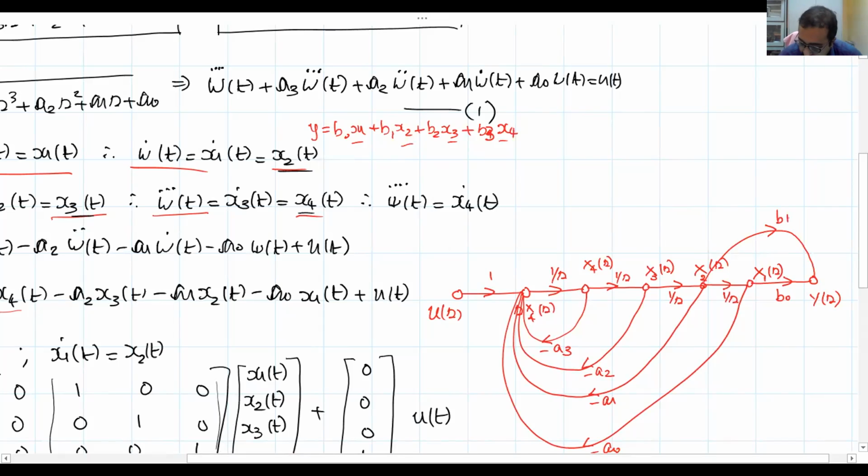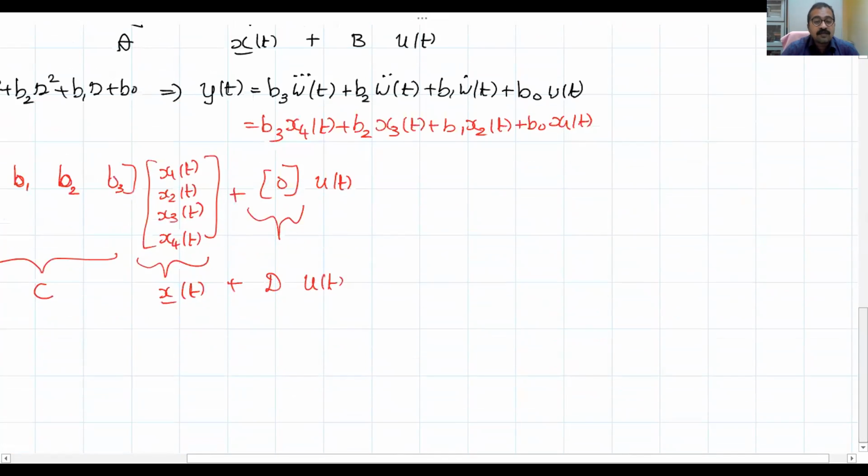This is b1 x2, b2 x3, and finally b3 x4. So this is what is called the phase variable canonical form, or controllable canonical form.